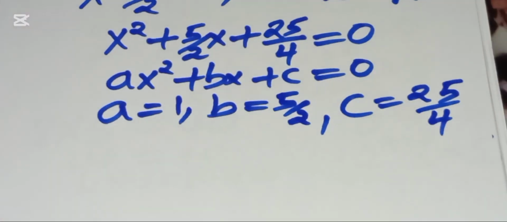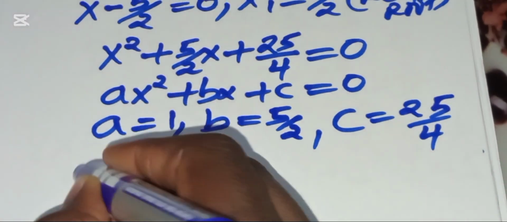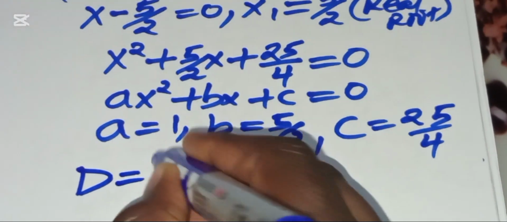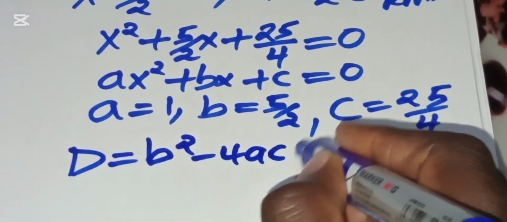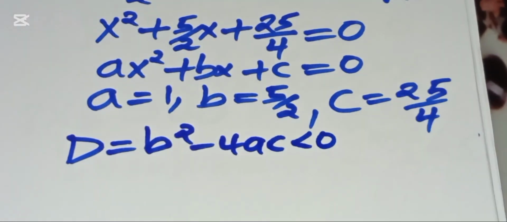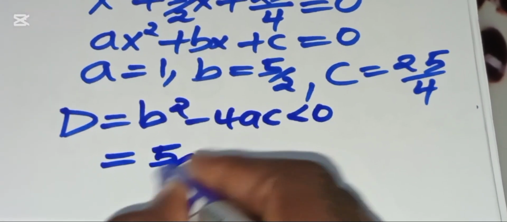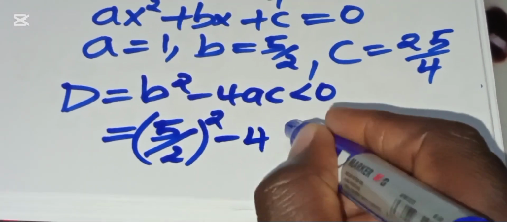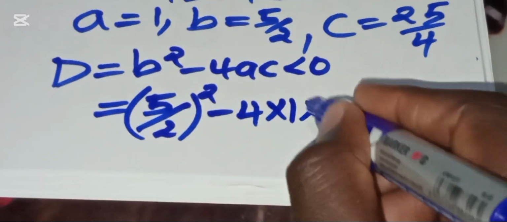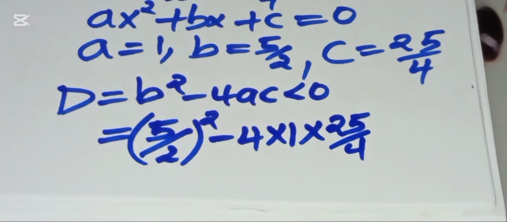Let's determine the discriminant value so that we can ascertain the nature of the roots. The discriminant value is expressed as b squared minus 4ac. Let's check if it is less than 0. So b squared, we have 5 over 2 squared, subtract 4 times 1 times c, which is 25 divided by 4.